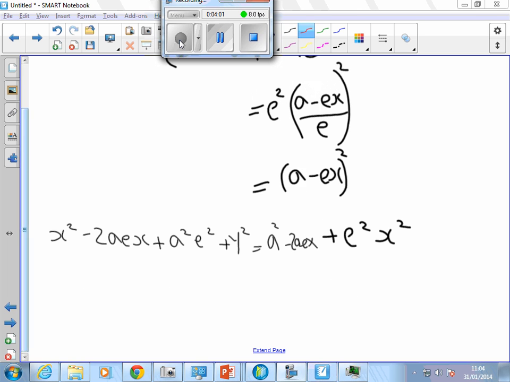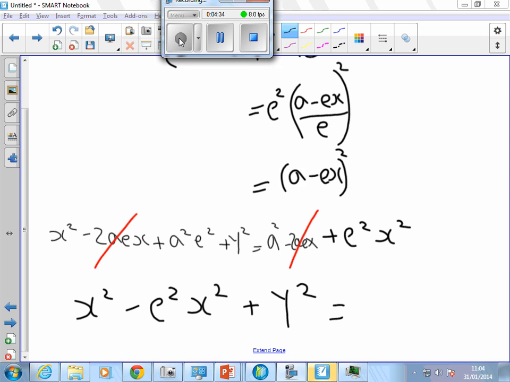So here we can see that this cancels out. So I can bring the x squared to the other side. So I have x squared minus E squared X squared, now I'm bringing it to the left hand side, plus y squared is equal to A squared minus A squared E squared.